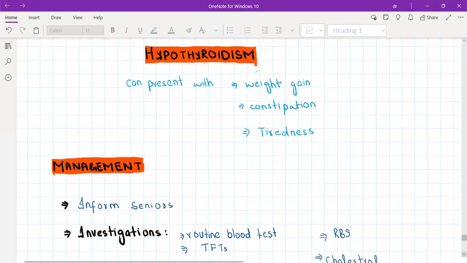So a hypothyroid patient will either present with weight gain or tiredness, because these are the predominant symptoms, but may also present with constipation. So whatever symptom the patient presents with, you will take history according to that. We have already discussed the history of weight loss, but with weight gain, you need to ask some questions like, is it intentional, and how is your appetite?